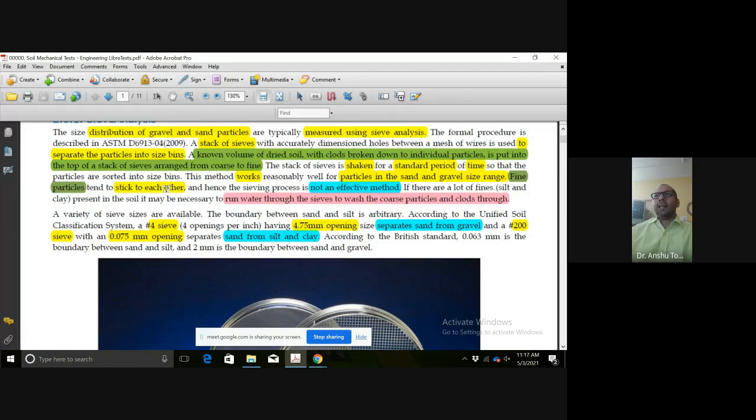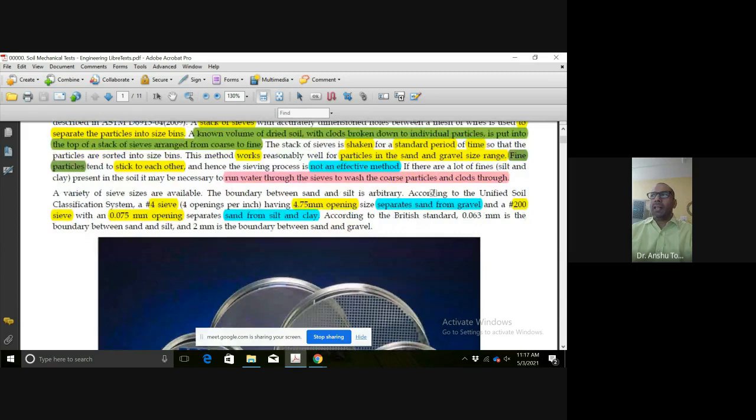In that case this method becomes ineffective, and we have to do the hydrometer test. If there are a lot of fines present in the soil, it may be necessary to run water through the sieves to wash the coarse particles and clots through. Initially we try to separate them using water through the different sieves. But if even that doesn't work, we use the other test.